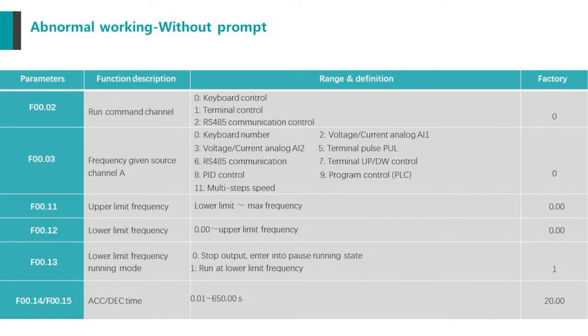Otherwise, you will find that the target frequency will be limited by the upper limit. And F00.14 and 15 need to be set according to the load, especially for the high inertia load. The following problems are mainly due to the improper setting of these parameters.